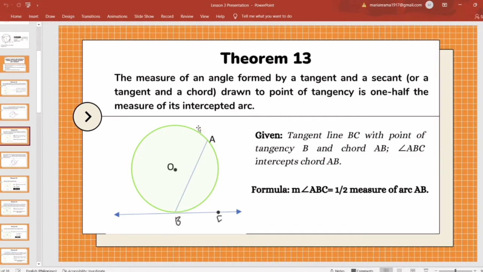So our angle ABC intercepts arc AB. From that, let's have this formula. The measure of angle ABC is equal to 1/2 the measure of our arc AB.